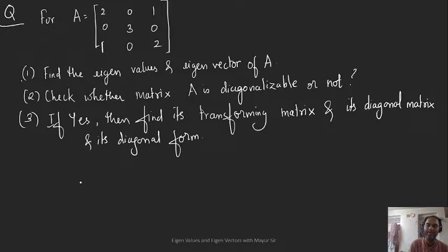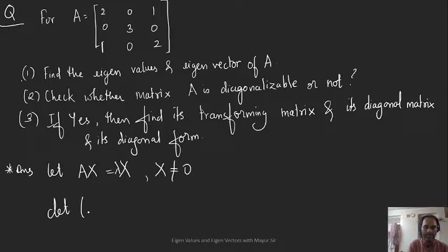Now let us quickly do the thing. So answer: let Ax equals lambda x, this is the most important step, where x is not equal to 0. Determinant of A minus lambda I equals 0. So what does it give you?